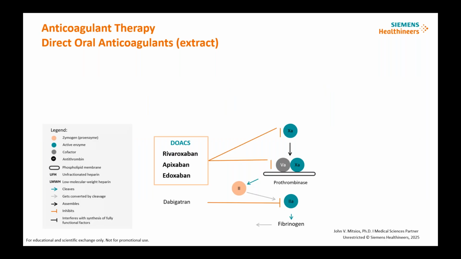When we think of our new oral anticoagulants, such as rivaroxaban, apixaban, and edoxaban, you can see these are direct factor 10A inhibitors, specifically targeting factor 10A, as well as the anti-2A or direct thrombin inhibitors, which target factor 2A. These are the new oral anticoagulants that are available.